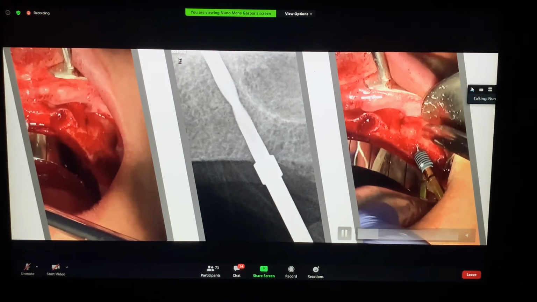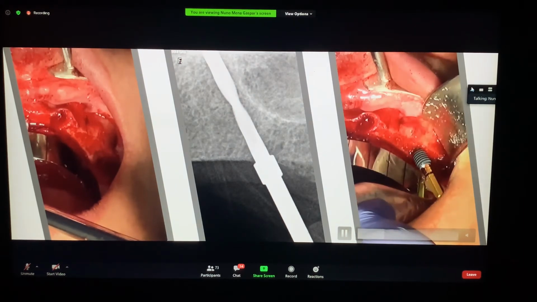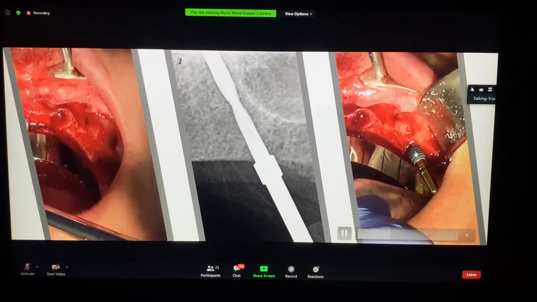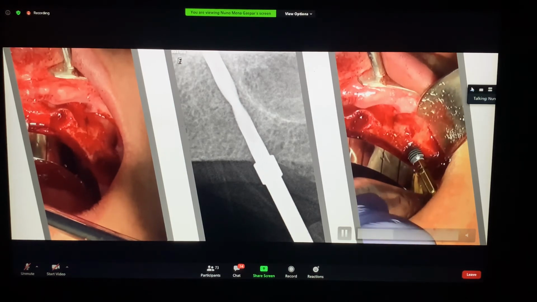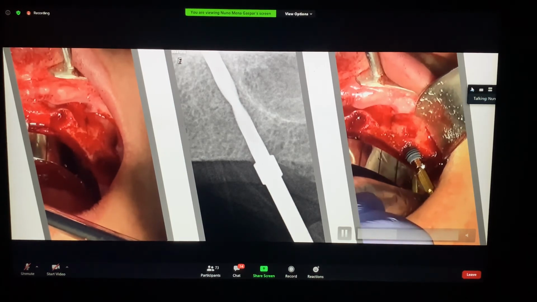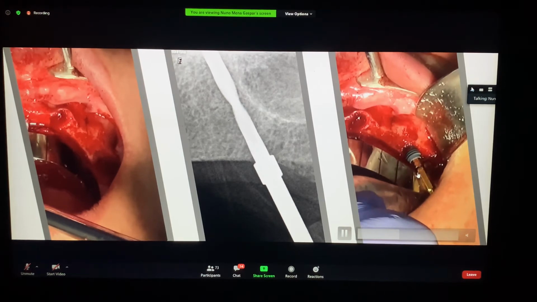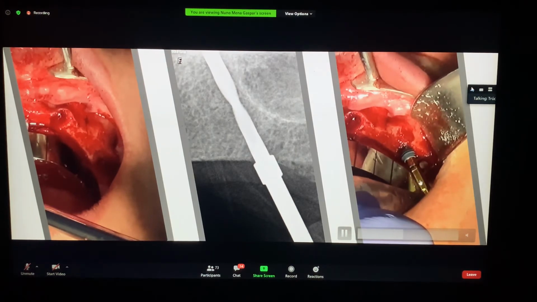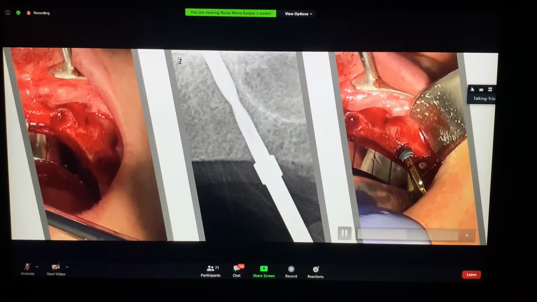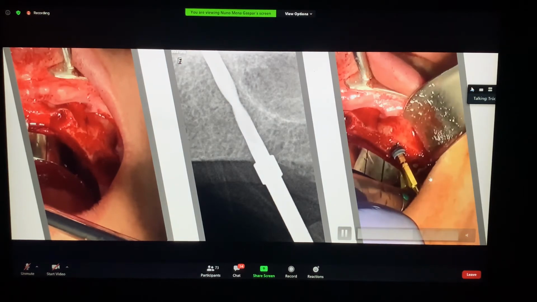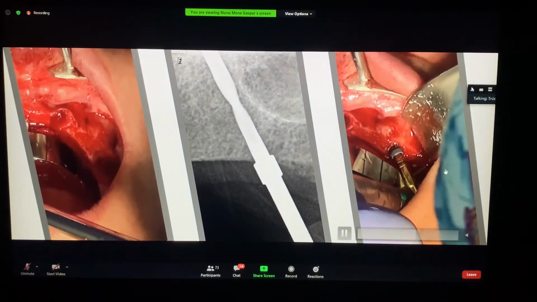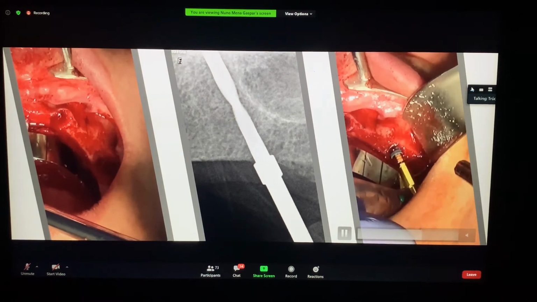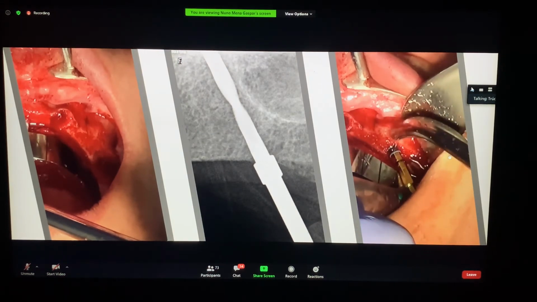So this is 4.5 by 15, and with this, even inside soft bone, I can achieve a very good primary stability. Và ở đây tôi đặt con 4.5 nhưng 15, bởi vì ở vùng này thật sự ra là nhờ vào implant này có một bề mặt cắt rất là tốt, chính vì vậy mà khi vào thì tôi đảm bảo được độ vững ổn sơ khởi ban đầu cho bệnh nhân.